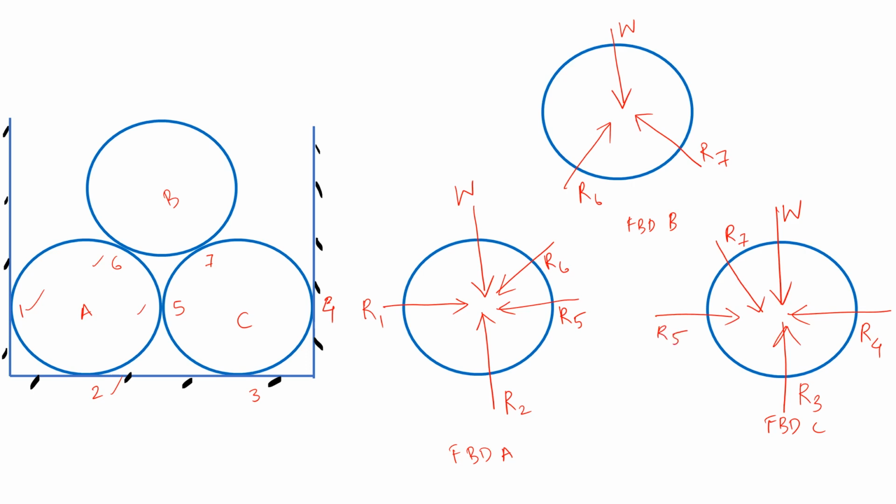Note that for a point which is common to two bodies, the reaction will also be the same. This R6 will have the same value here also, and this 5th point is common to A and C, so this R5 value will be the same for the two bodies. So these forces all act towards the center.